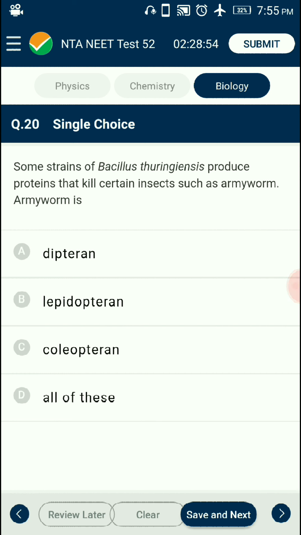Coleopterans are generally called beetles, and dipterans are generally called flies and mosquitoes. Lepidopterans are insects that have scales that cover the body and wings. Coleopterans are insects that have a sheath-like covering on the body. Dipterans are insects that have two wings. So the answer for this question is option B, Lepidopteran.